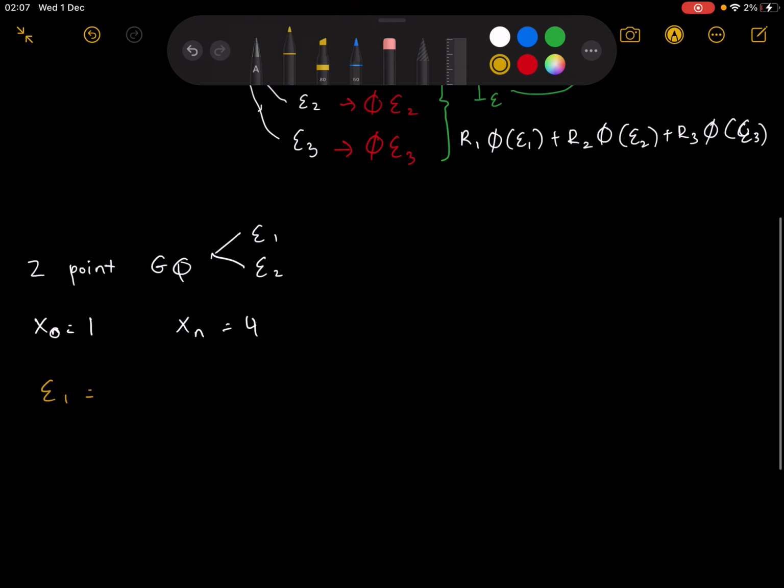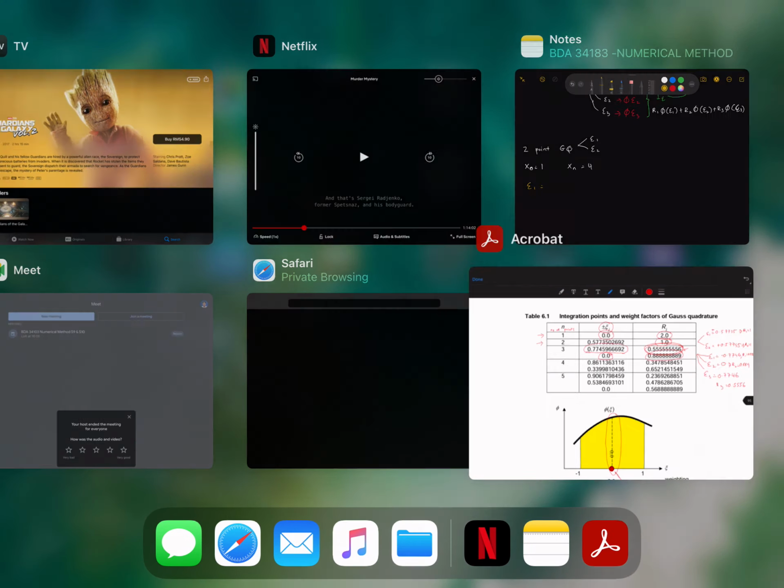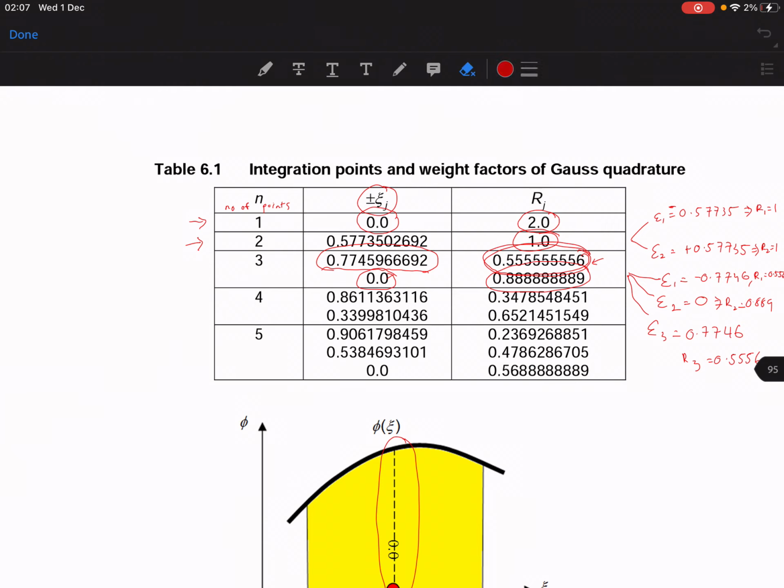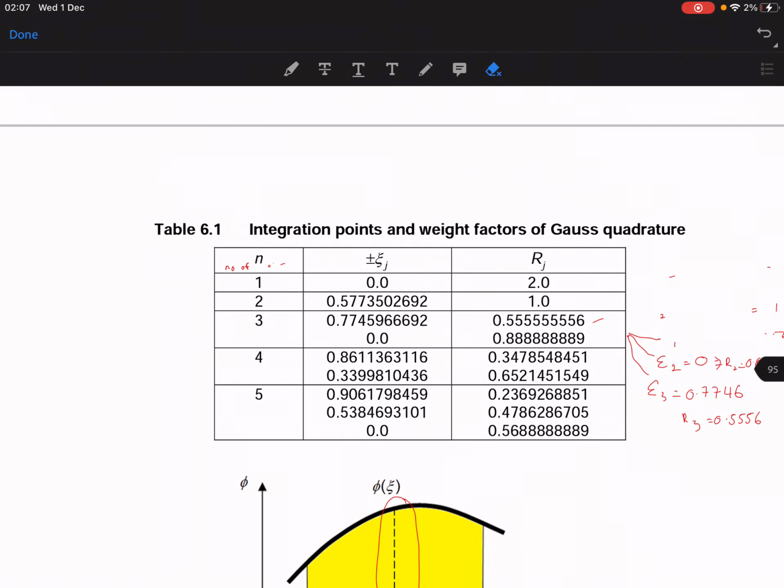So zeta 1, if you refer to the table for 2 points, the value of the corresponding zeta is here.